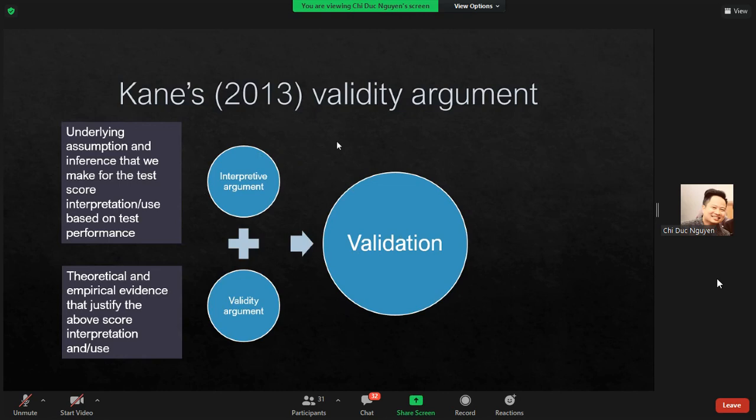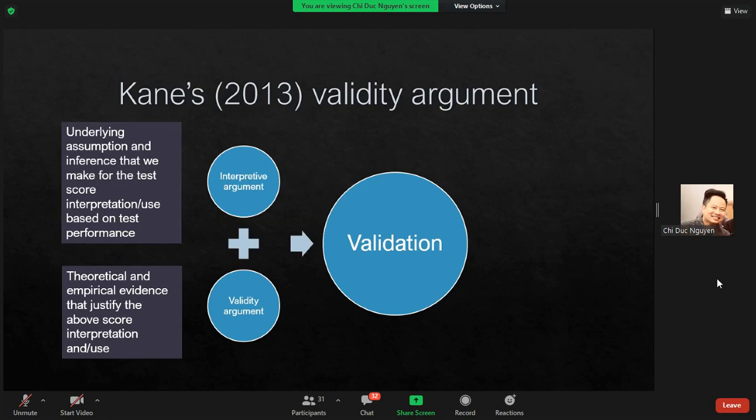When I say that the test score truly reflects the student's ability, I need to collect evidence to show that the student was actually engaged with the test on the test day. So one way to double check this assumption is to go back and interview the student to see whether they were actually engaged with the test. They took the test very seriously. So they did not make random guesses, or they did not copy the papers of their peers, for example.